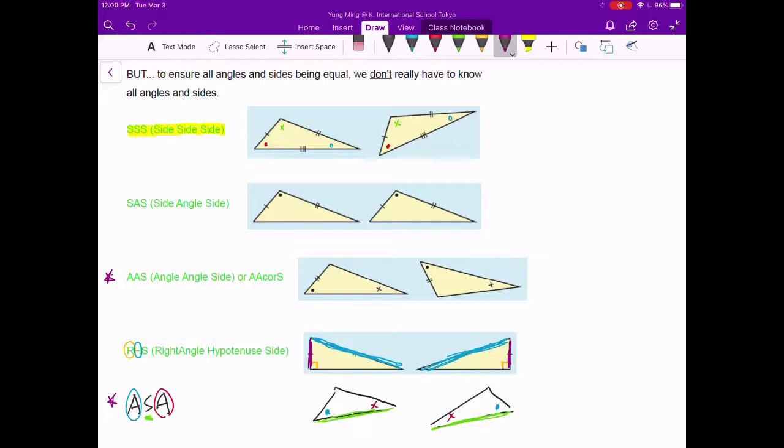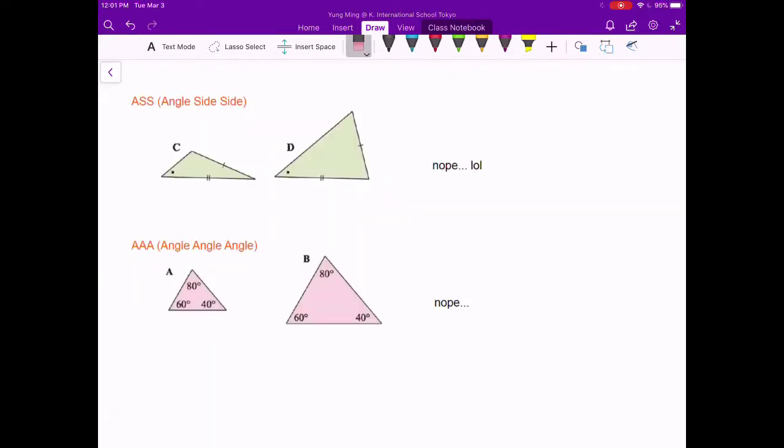Okay, take a look. On the next slide, we're going to talk about the two cases that don't guarantee congruence. For example, the first one, as the name suggests, doesn't guarantee congruence. If you want to be a little more appropriate, you can spell it as SSA.